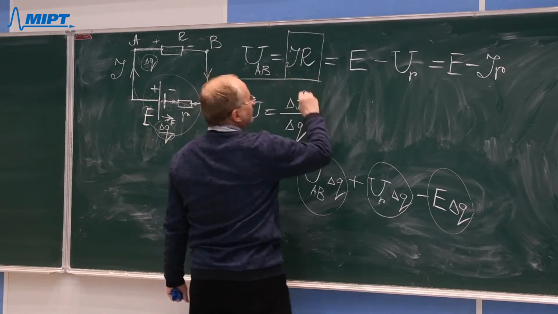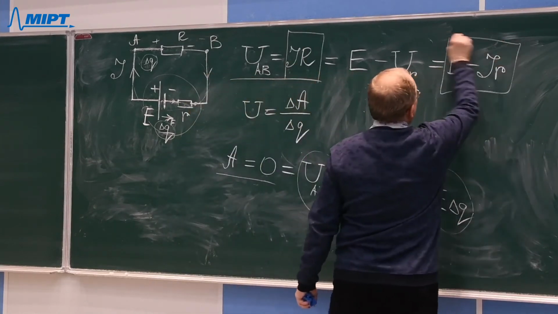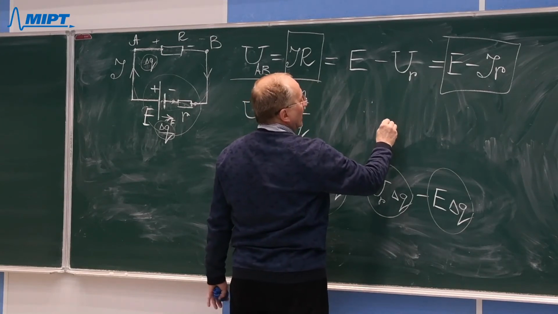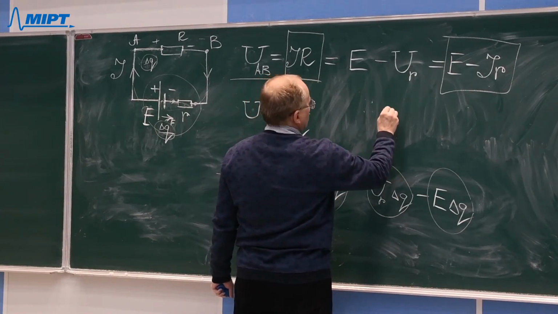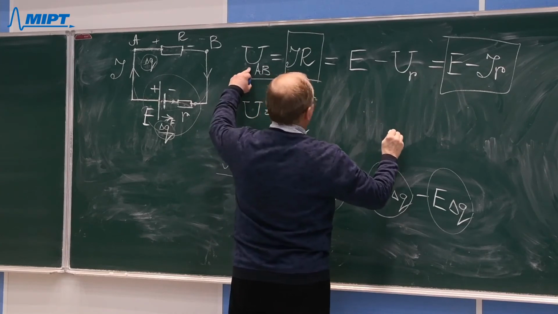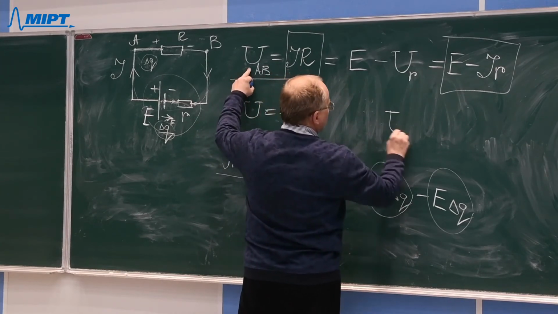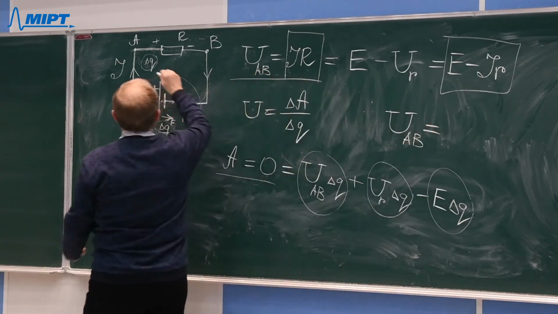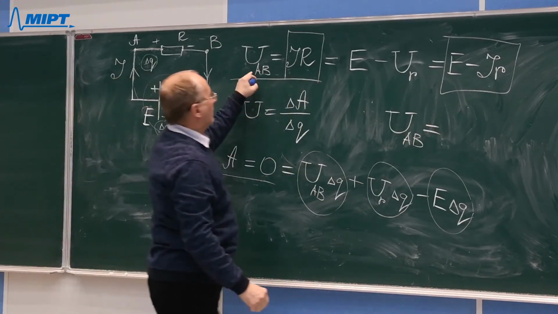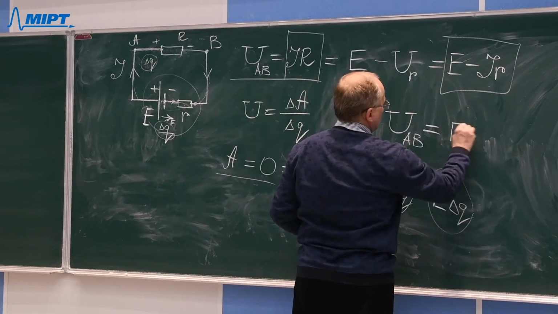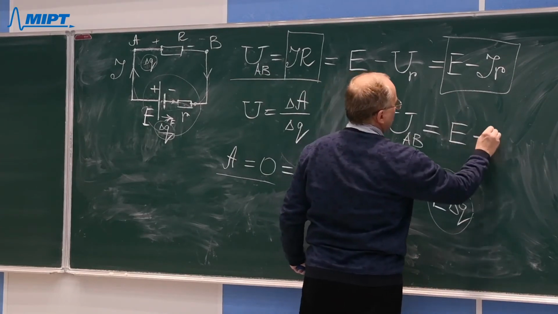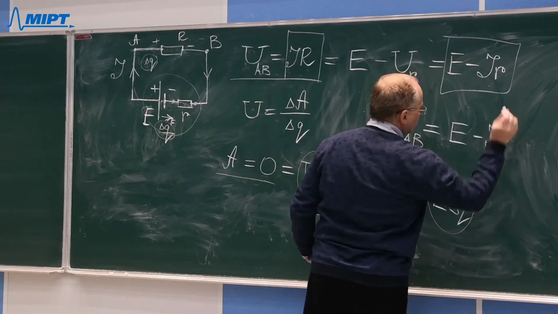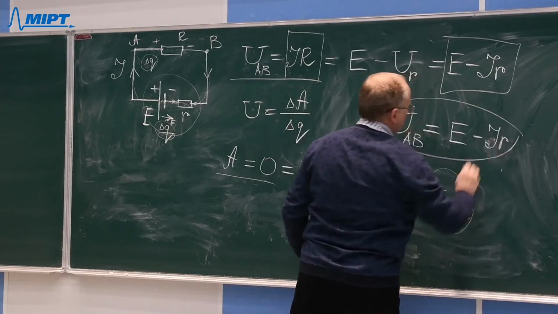I will take this part and this part of the equation, and we obtain in this way that the potential difference between points A and B equals the electromotive force of the battery minus the current flowing through the battery times the internal resistance of the battery.